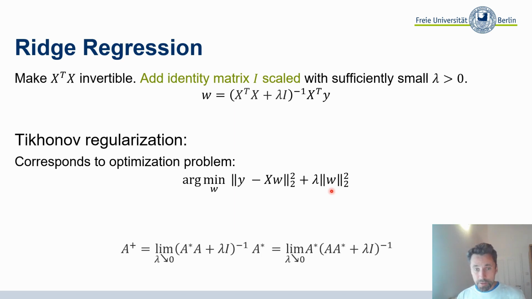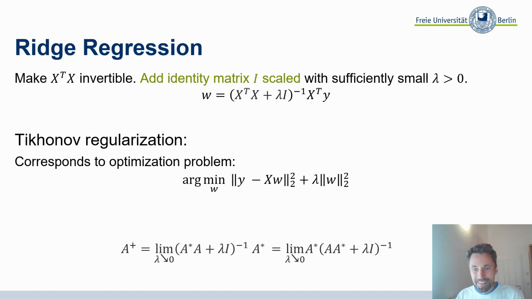And another thing that I wanted to mention, because it leads over to the next slide: if we take lambda and make it smaller and smaller until we reach the limit of lambda equals 0, this matrix is in the limit A plus. And what is A plus?